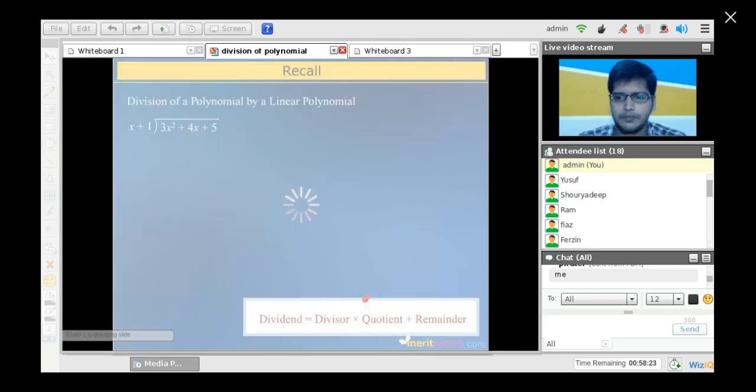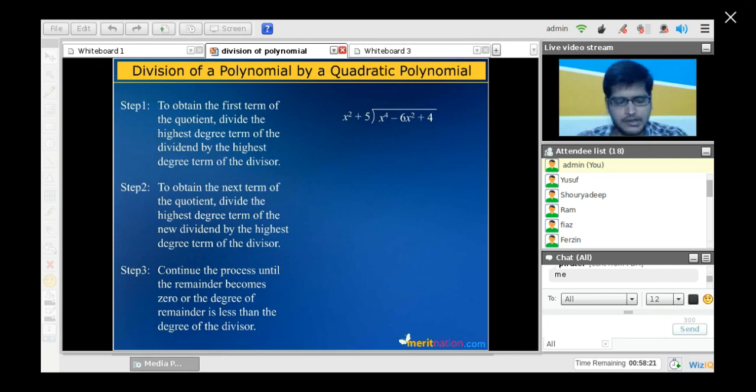Let me show you. So step 1 is to obtain the first term of the quotient: divide the highest degree term of the dividend by the highest degree term of the divisor. With what you need to multiply this x squared such that you are able to eliminate x power 4?